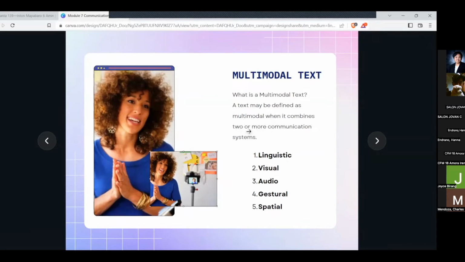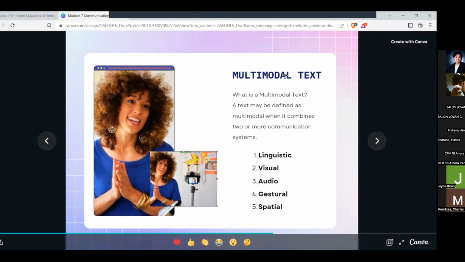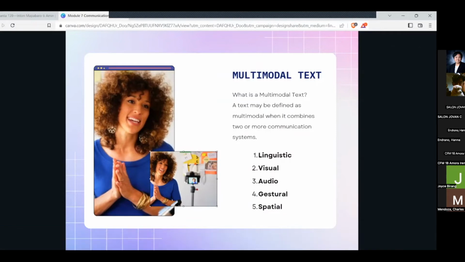So when two or more communication systems are combined, it's a multimodal text. From the word itself, multi is many, modal is modes, so many modes. Please write that down.